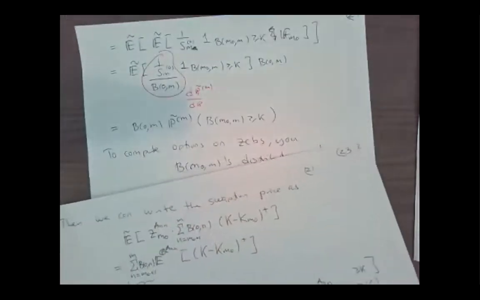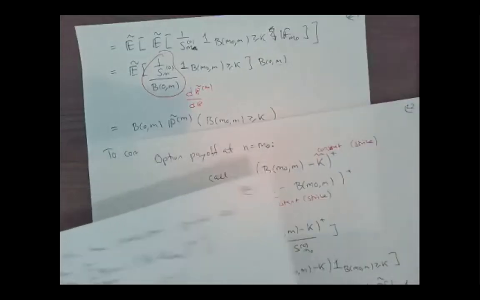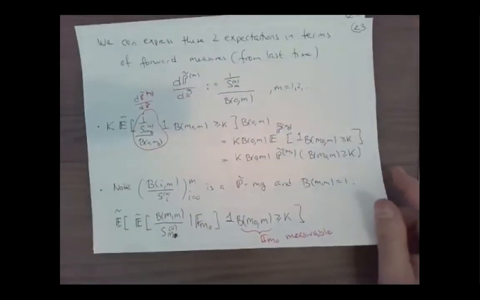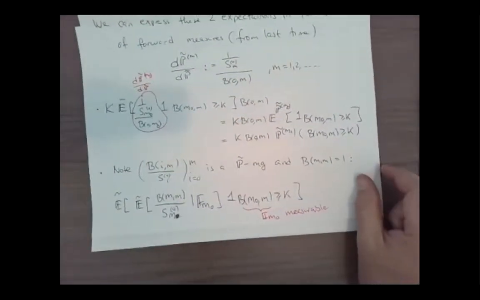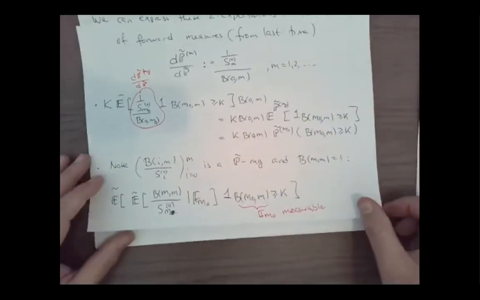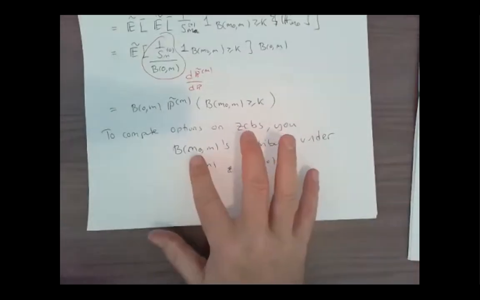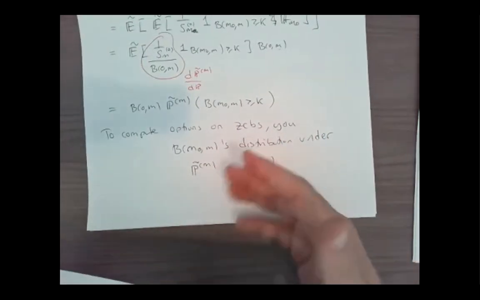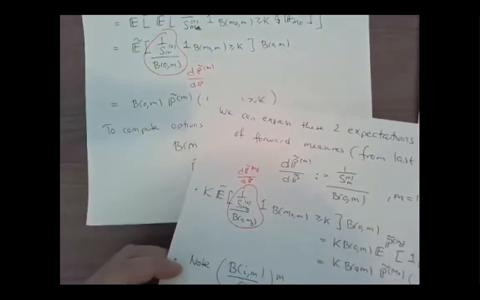If you're looking at a problem where you want to price options written on a zero coupon bond structure, then what you need to prescribe is distributions of zero coupon bonds under the forward measures. Those are the relevant measures that you need to calculate expectations on.